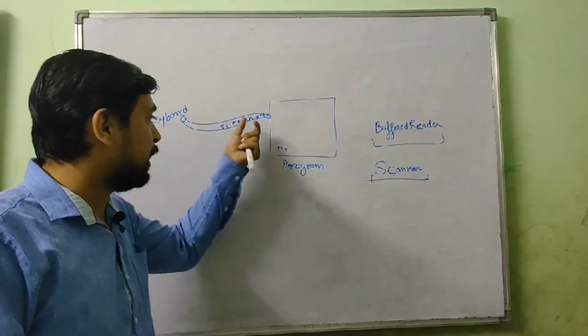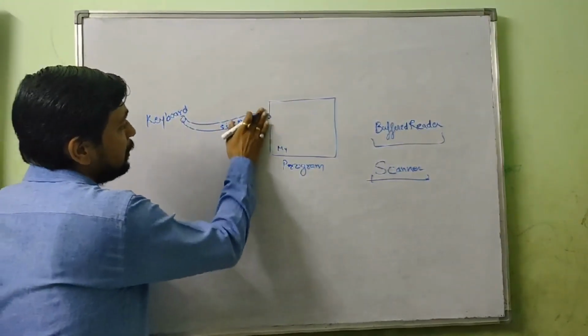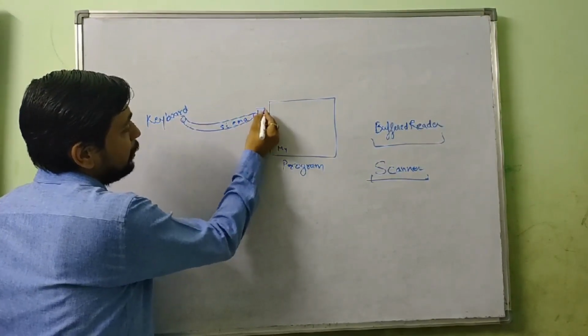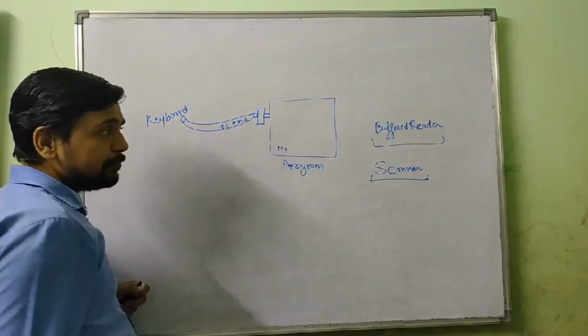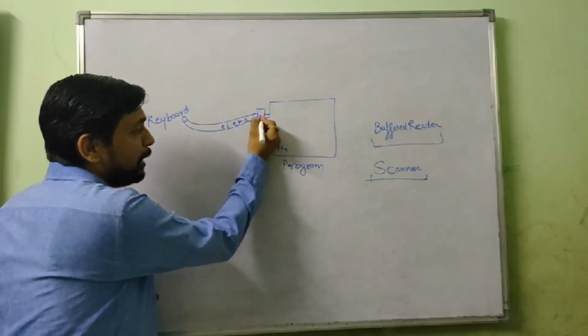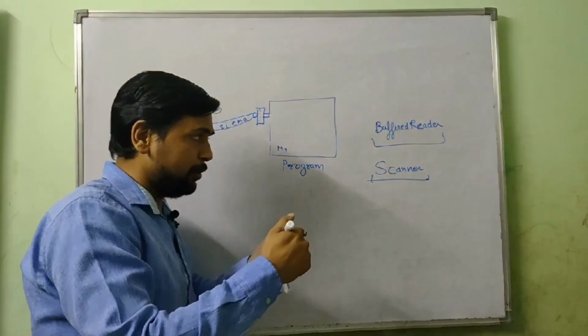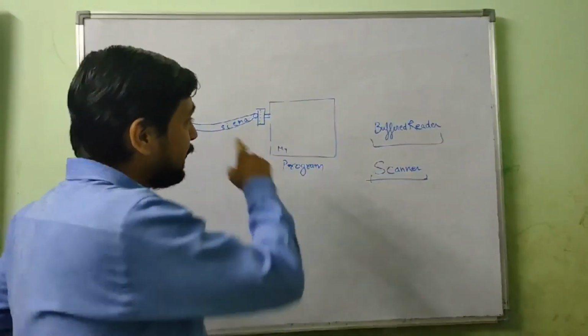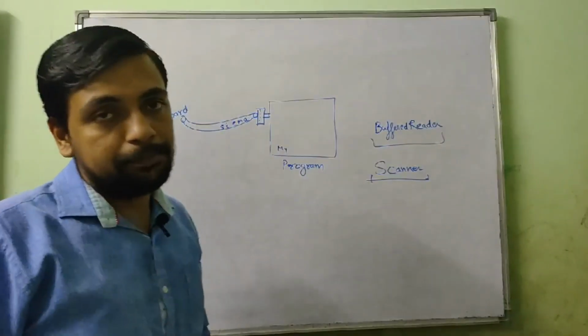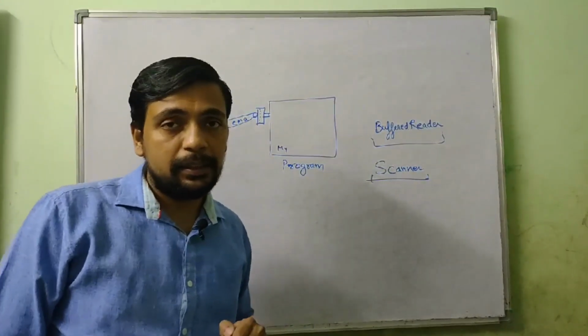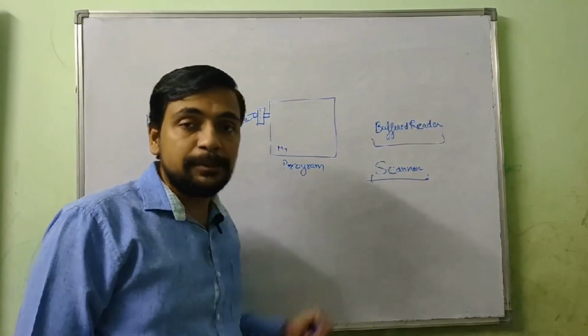So this stream will be connected to a buffer memory. This buffer memory can store a collection of characters, and then that collection of characters will be supplied to the program. Now the question is how to use these buffer memories, and what's the difference between them.